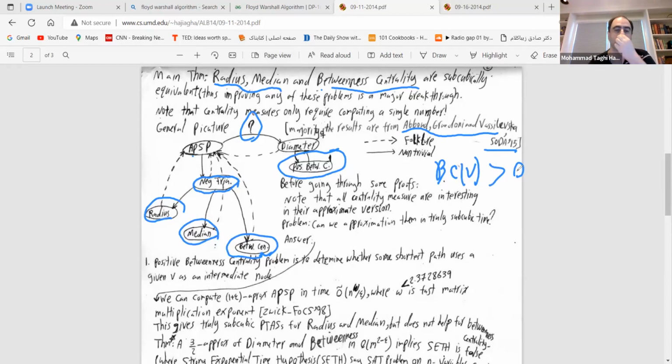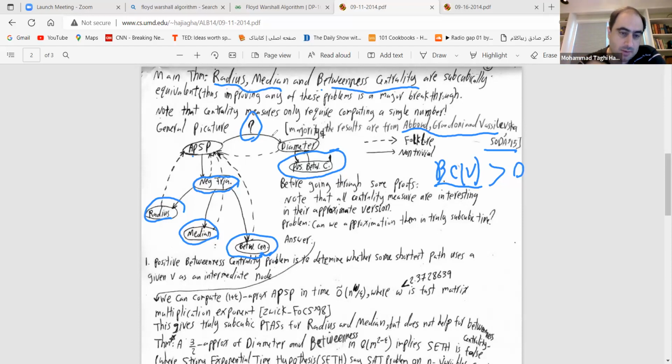That's essentially the positive betweenness problem. And we know that positive betweenness is equivalent to diameter. But still we don't know the relation. So diameter and positive betweenness seem to be equivalent, but the relation between all pair shortest paths and diameter, we don't know.